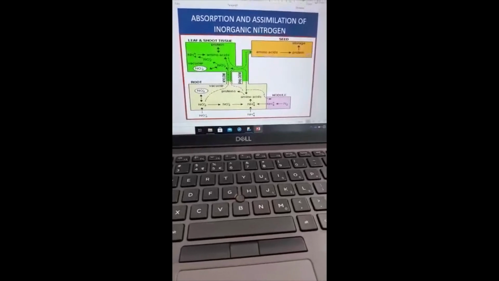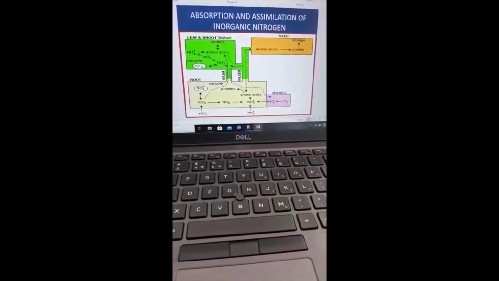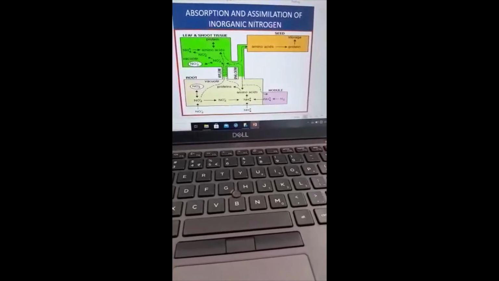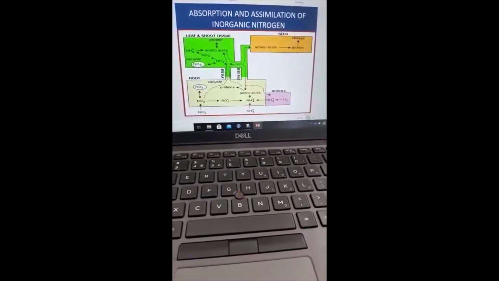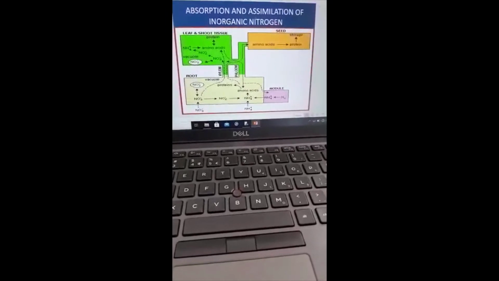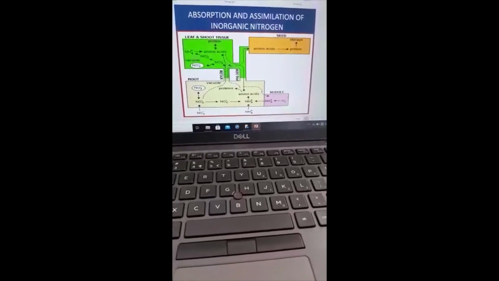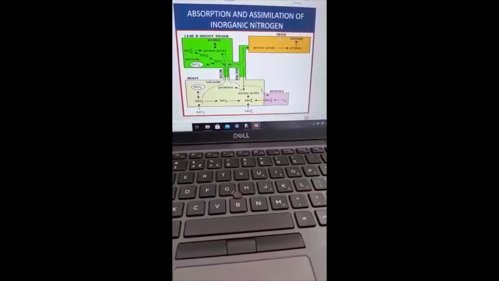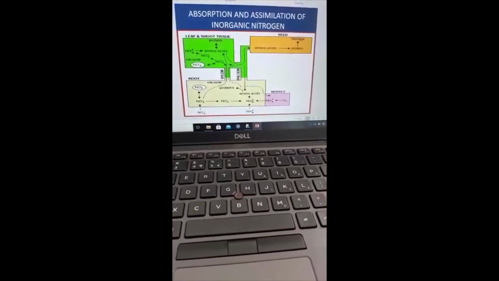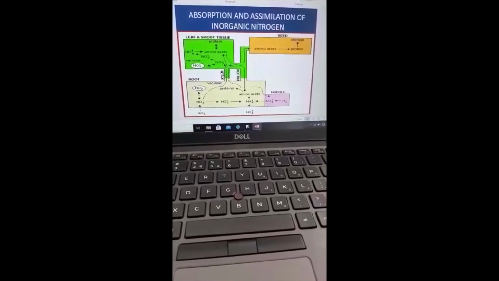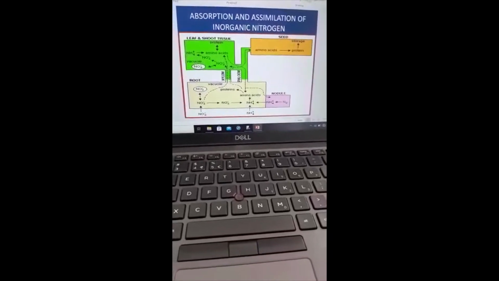So the focus is the absorption of nitrogen by the plants and what happens after this nitrogen has been absorbed. You can see from this slide that I'm currently focused on, it shows you nitrate and ammonium being absorbed by the root of the plant.